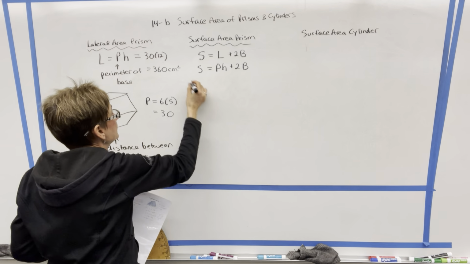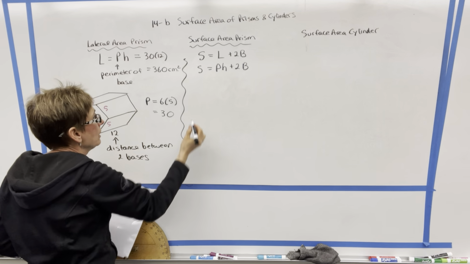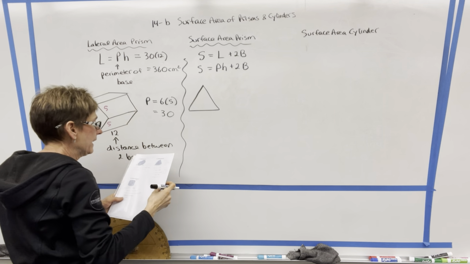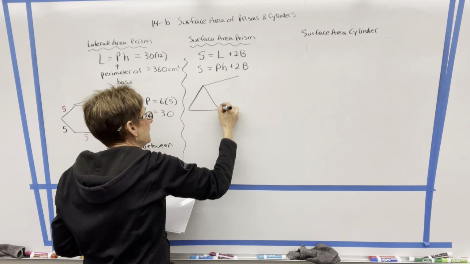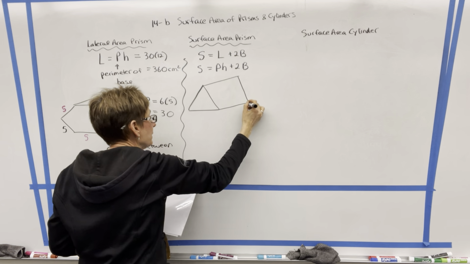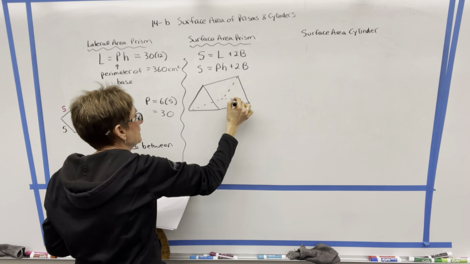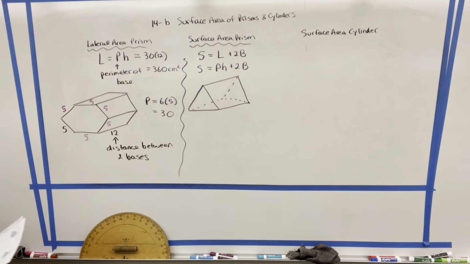So let's do an example, and I'll draw a line here to block this off a little bit. Let's do an example of a triangular prism. And again, we know this is a triangular prism because we can see that the two bases are triangles. So the bases are triangles because they are the two sides that we have two of that are parallel to each other.